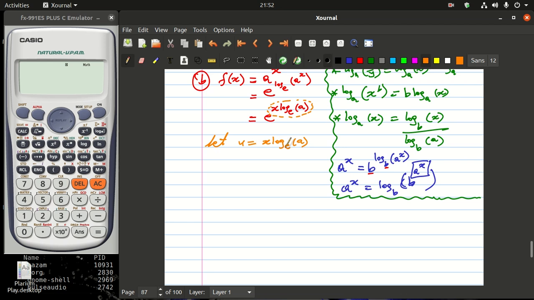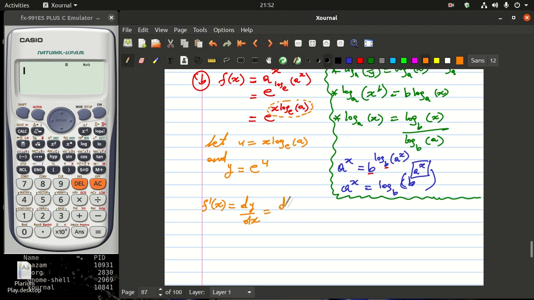And then after I've let that, my y now is going to be e raised to u, because I'm going to replace this whole thing by u. And then what I'm actually looking for, which is the derivative, is the same as dy dx, but now my y is in terms of u, so I cannot take the derivative with respect to x.